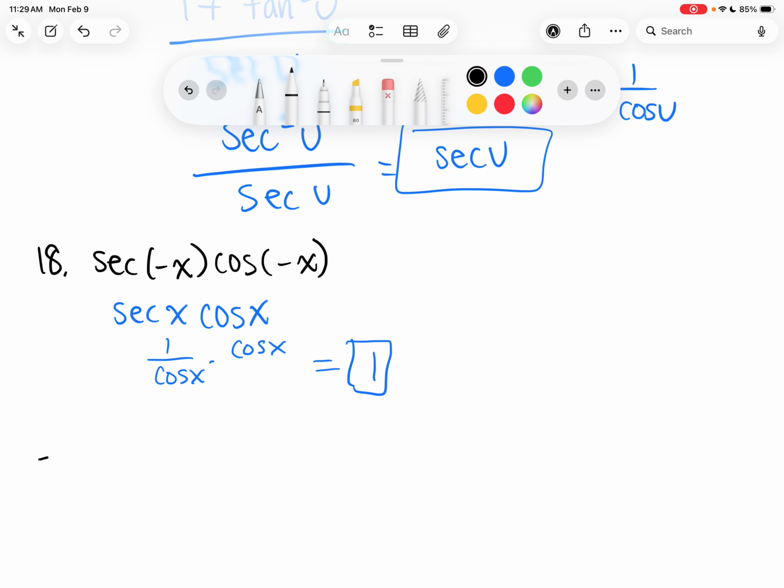22. Secant squared of -x minus the tangent squared of x.